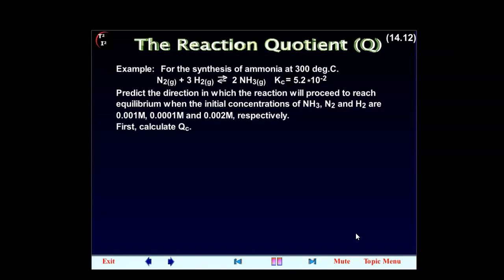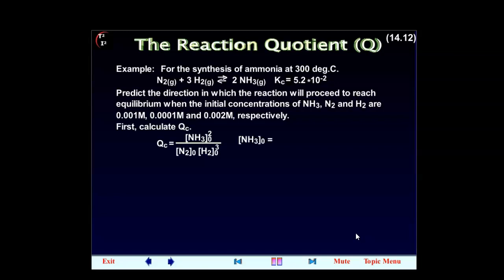First, calculate Q sub C. Q sub C is equal to initial concentration of NH3 to the power 2 divided by initial concentration of N2 times initial concentration of H2 to the power 3.